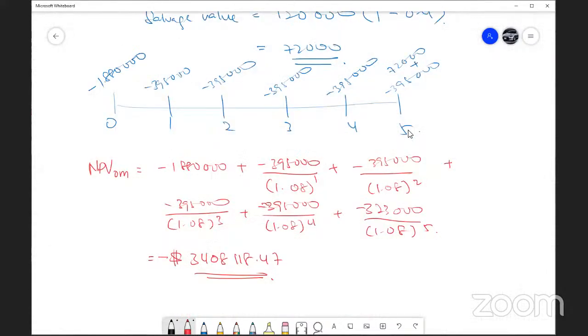Okay, cash flow year 5 here. In the 5th year, on the year 5 cash flow, you must always include back the salvage value, because that's the end of the lifetime of your machine, but yet it still can be sold off with the value.